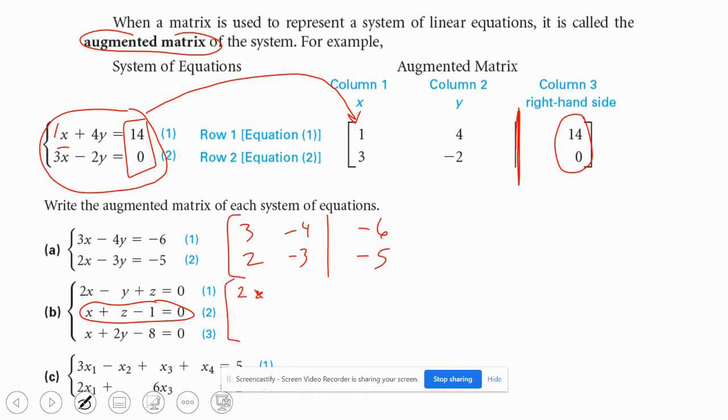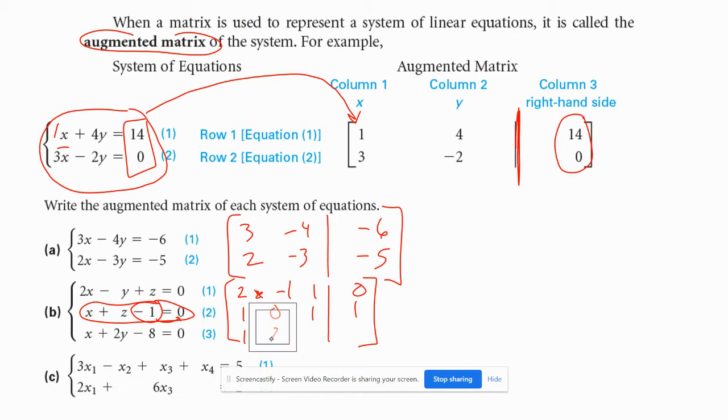So we'd have a 2, -1, 1, 0. And this would be 1. There is no y, so we'd write a 0. 1 for z, and then once we move this over there, that has to become a 1. And here would be 1, 2, and 0, because there's no z, and 8. You just got to make sure of ones like that you get to the right place.